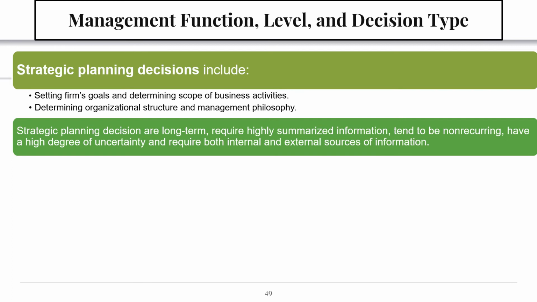The strategic planning decisions are long-term, require highly summarized information, and tend to be non-recurring, meaning that they are not happening on a regular basis. They also have a higher degree of uncertainty and require both internal and external sources of information.